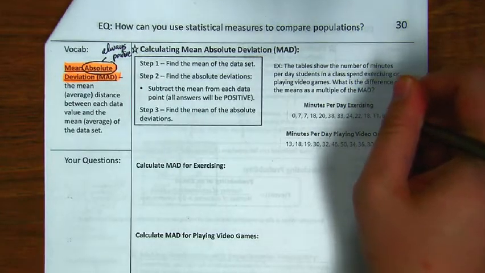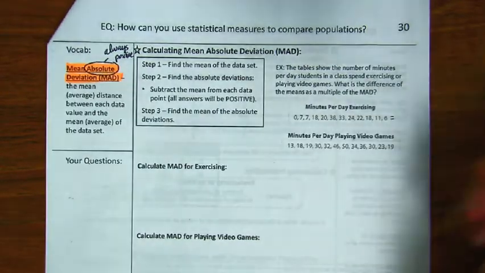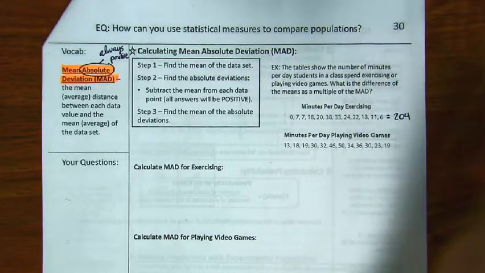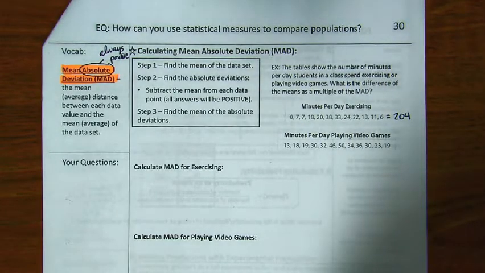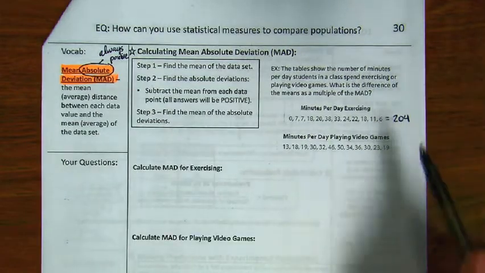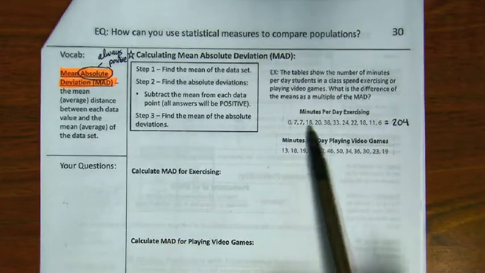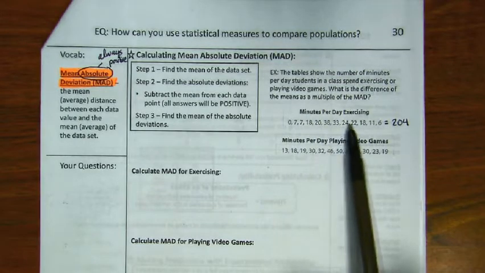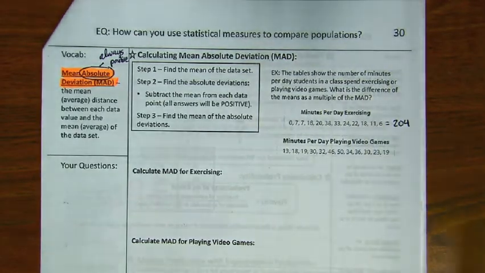If I add all of these together, I get 204. And if I count up these numbers, there are 1, 2, 3, 4, 5, 6, 7, 8, 9, 10, 11, and 12.